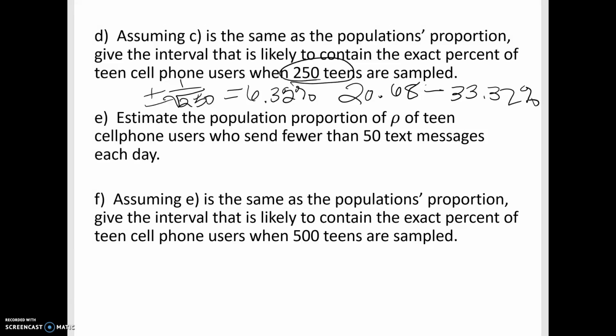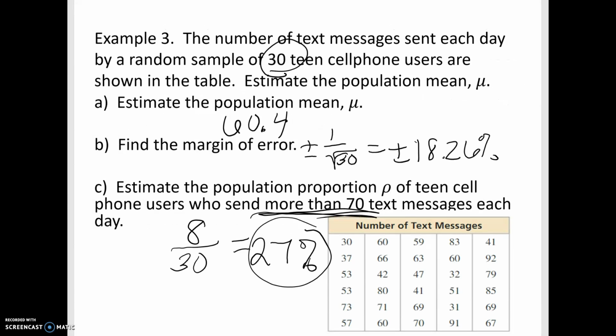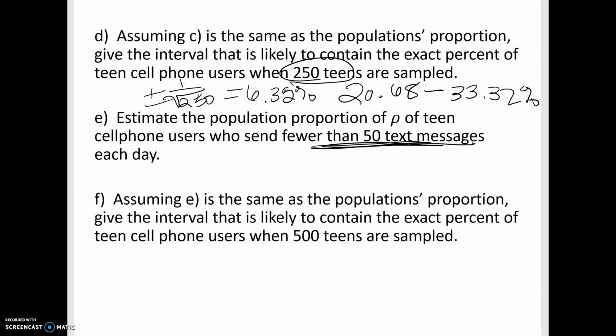Okay, the next one says I'm going to do an estimate of those who send fewer than 50 text messages. So go back to your table, feel free to pause, count up how many send fewer than 50 text messages. You should get 8 over 30, which happens to be the same percentage.